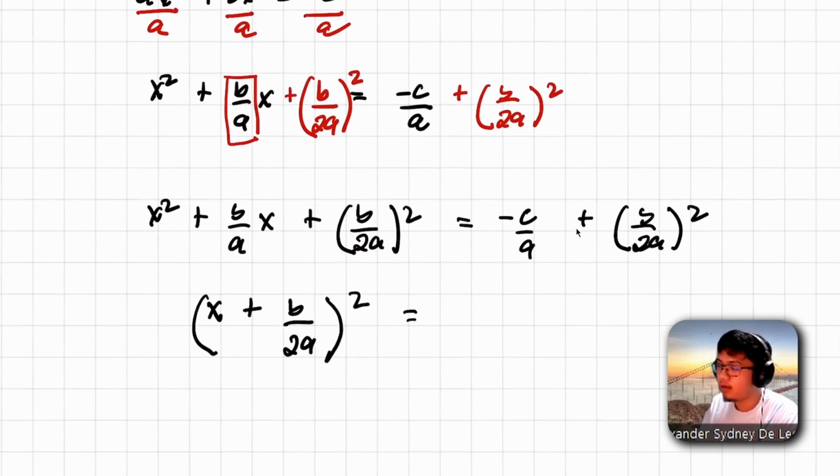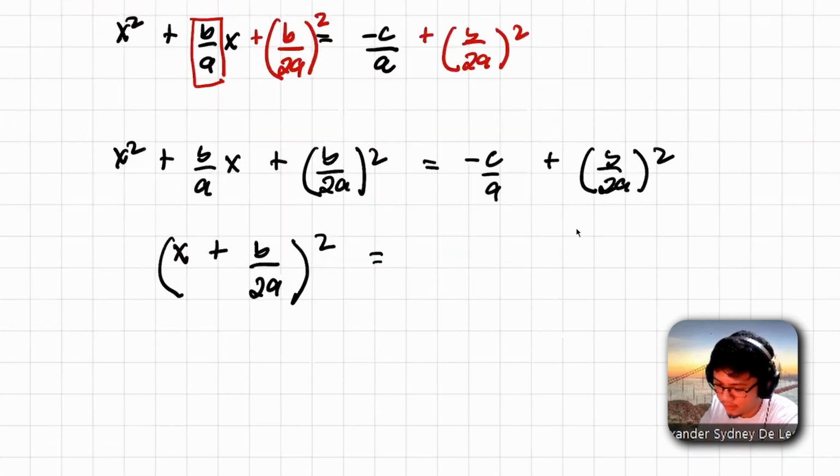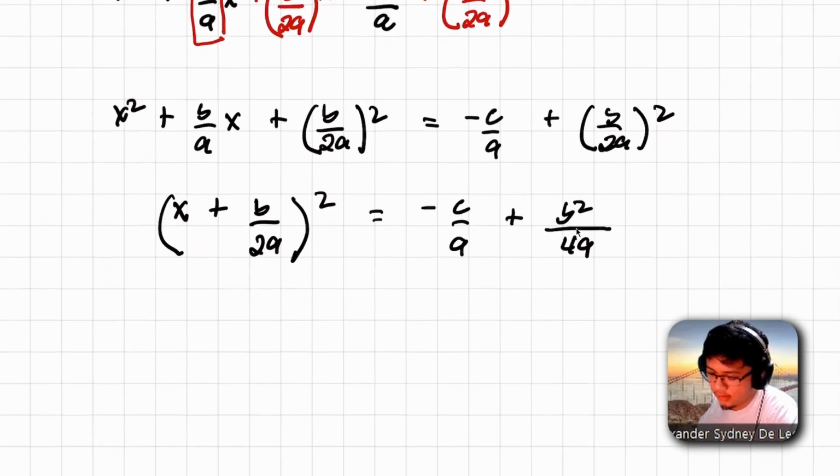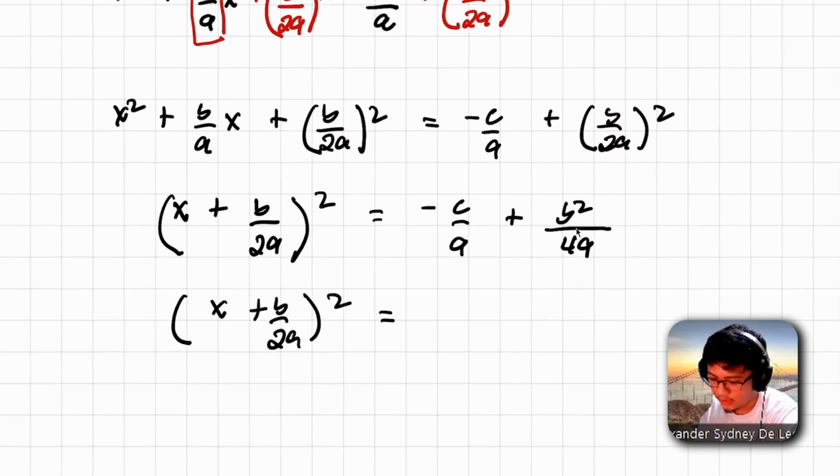Yan na yung factored form niya. So, equal pa rin sa negative c over a plus, expand na natin tong isa, b squared over 4a squared. Okay? And then, simplify muna natin yung kanan para hindi magulo. X plus b over 2a and square that.